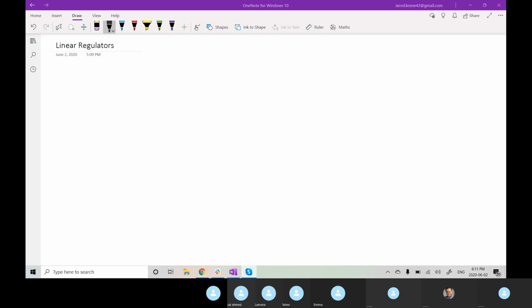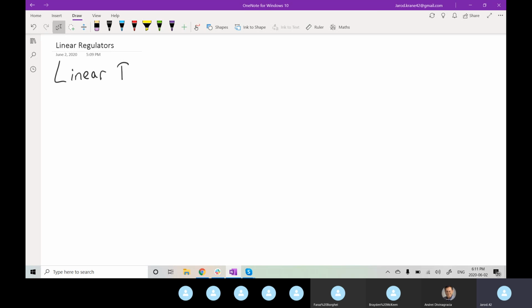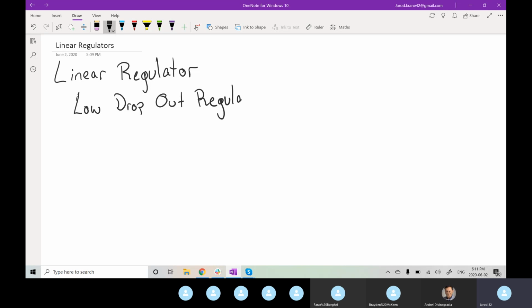Yes. So as I was saying, jumping on to linear regulators. Today we will cover the standard linear regulator, as well as the low dropout regulator, which is more known as an LDO.